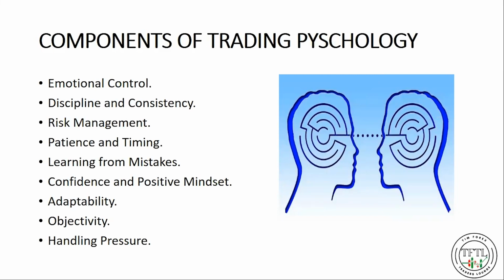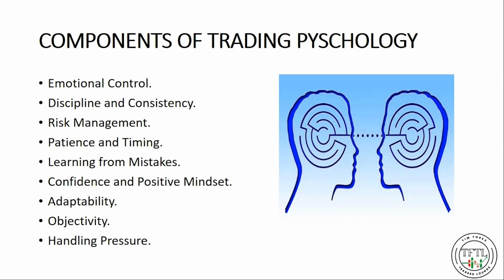So when you look at the components of trading psychology, we begin by looking at emotional control. When you're trading, there are some emotions that might affect you, and you might end up making what we call trading mistakes.